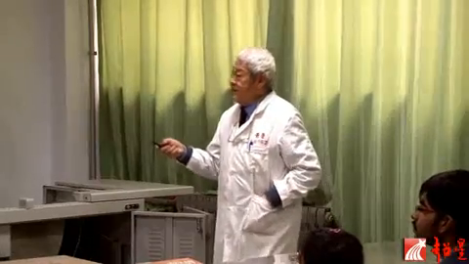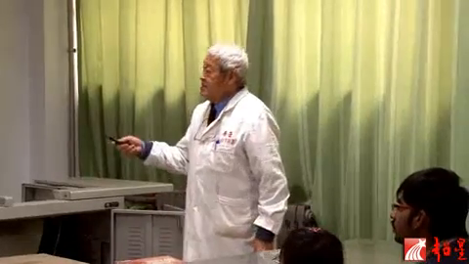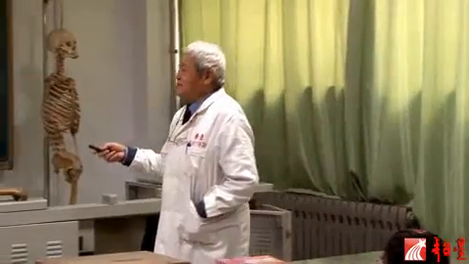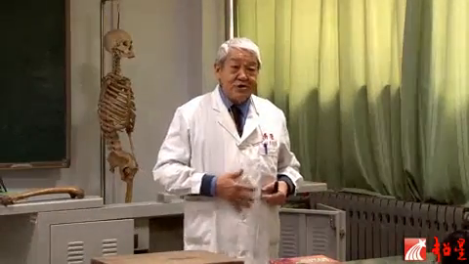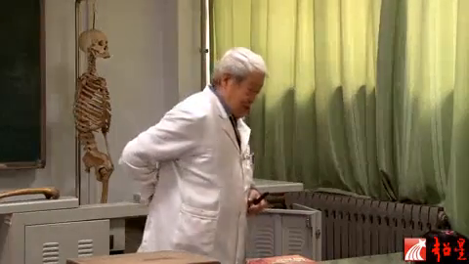The second pair is anterior and posterior. Anterior means forward, in front of our body, and posterior means near our back. Sometimes we use ventral or dorsal instead. Ventral means toward the abdomen, dorsal toward our back.